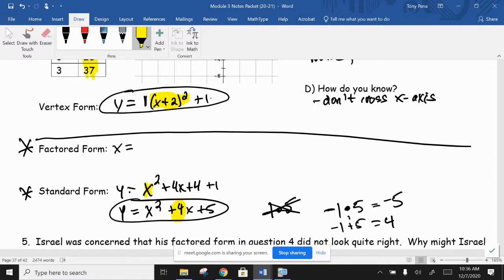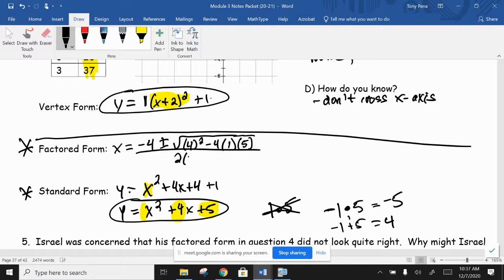Here's our b. B is a 4. So this is going to be negative 4 plus or minus the square root of b squared, so 4 squared, minus 4 times a. A is the 1 in front of the x squared, multiplied by c. C is the 5 here.